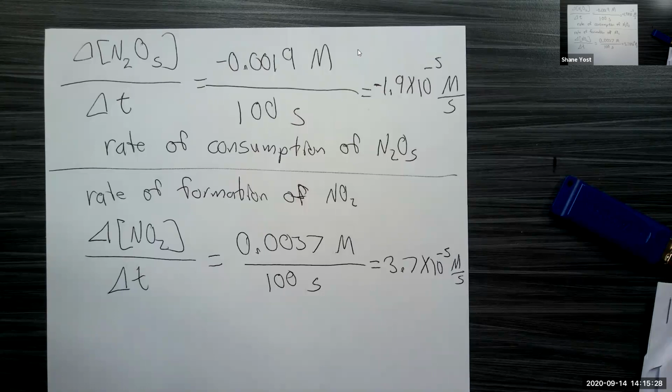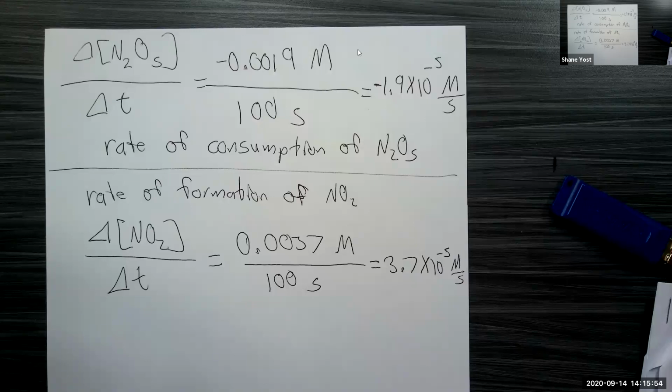So they just take the change in concentration and divide it by the change in time. Okay. So again, rates of reactions are related to rates of change of concentrations over changes in time. So whenever we talk about rates in this class, that's what we're referring to, rate of change of concentrations over change of time.